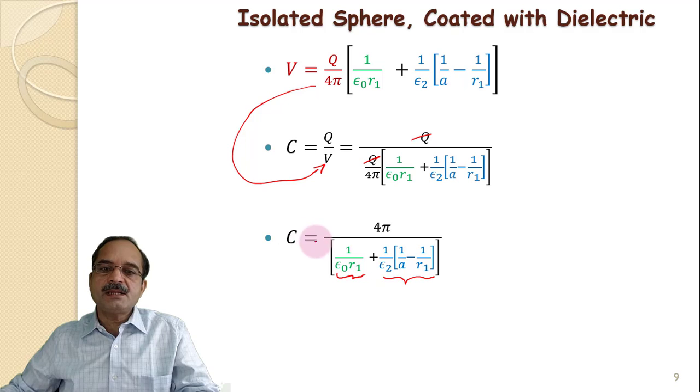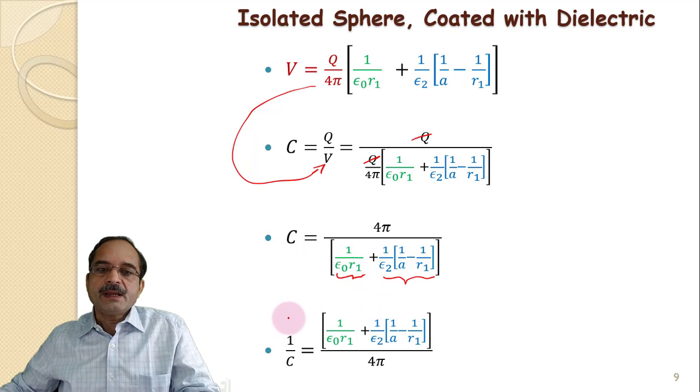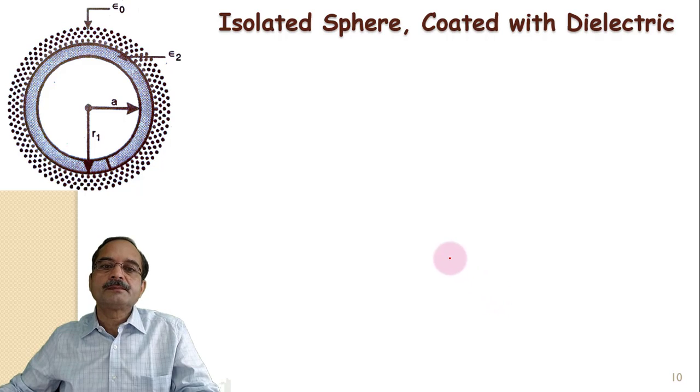Now we will rearrange this to get some interesting result. Taking reciprocal of this, 1 upon C, so 4 pi comes in the denominator and this square bracket goes in the numerator. Now we will split it into two parts in this form, 1 upon C1 plus 1 upon C2. So let us split this in this form.